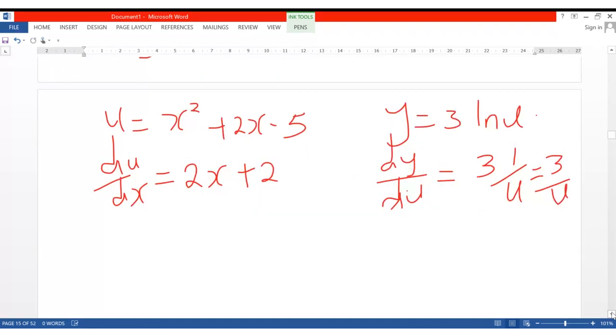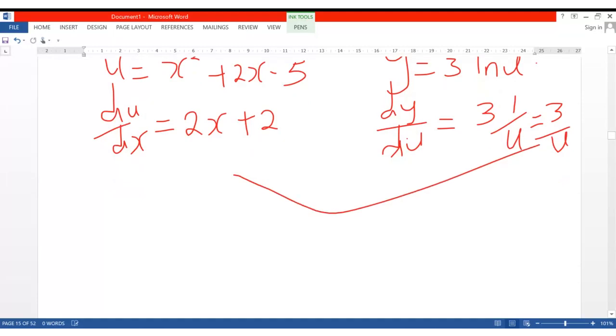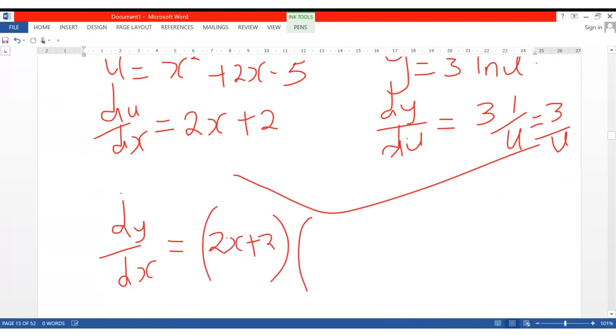So dy over dx will be given by 2x plus 2, multiplied by 3 over u. The 3 will multiply every number that is in the bracket, so I'll end up with 6x plus 6 all over u.